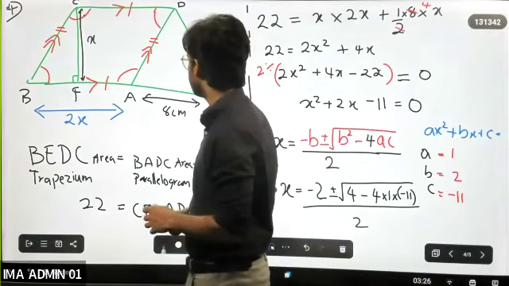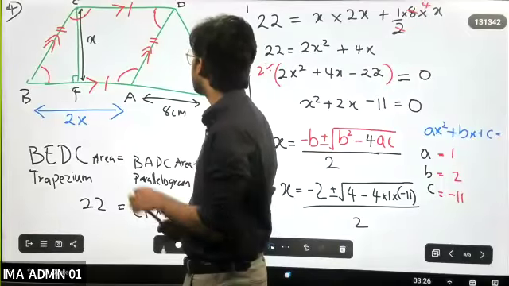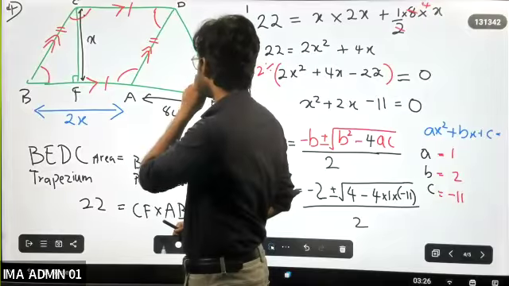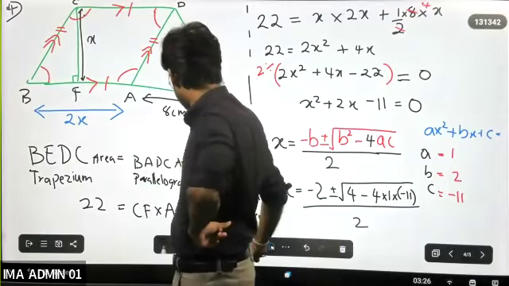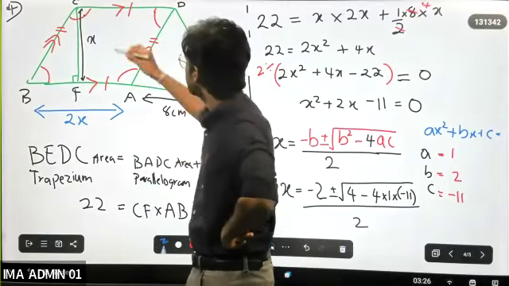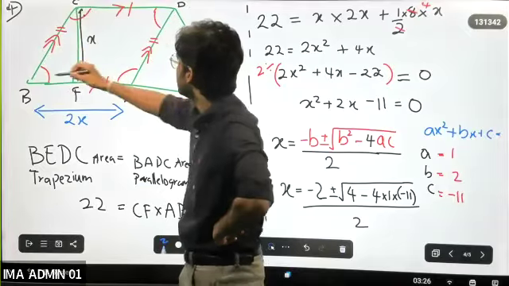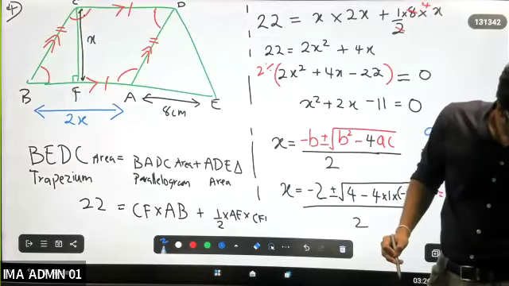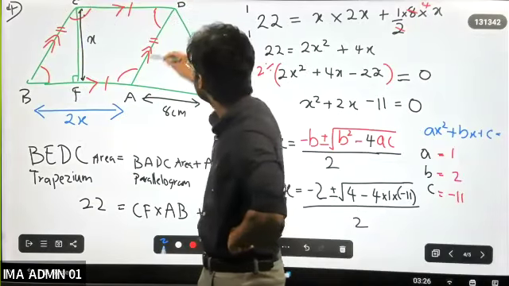ADF is equal to ABCD. I think there is something wrong in this question. They're asking whether this parallelogram area is equal to ADF.